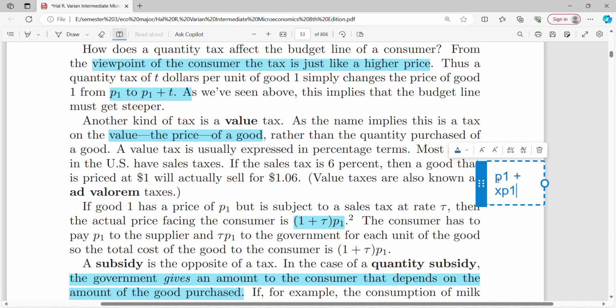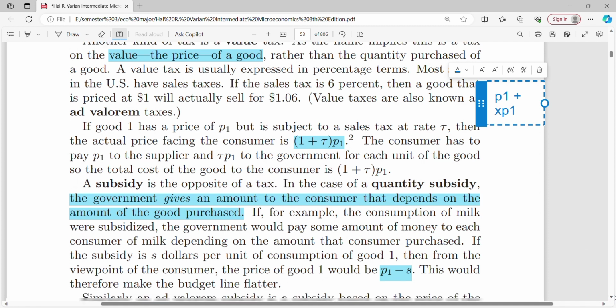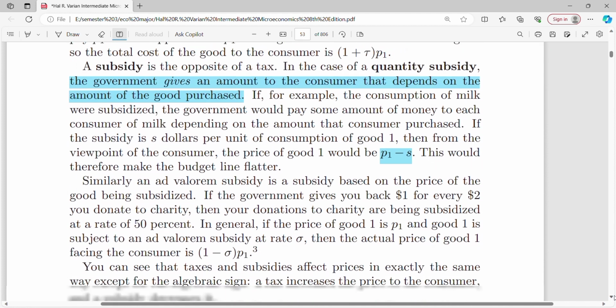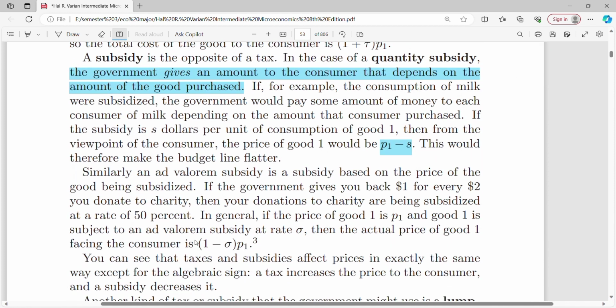So 2% of 100, that is 2 rupees. So in total the consumer needs to pay 102 rupees for that particular cloth. That is what value tax means. And next, talking of value subsidy, it is like this.